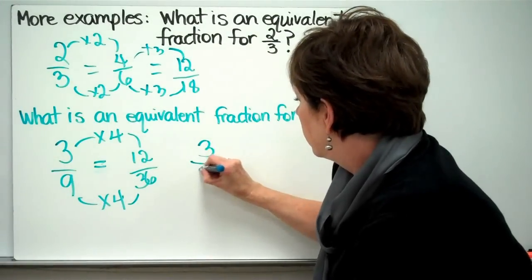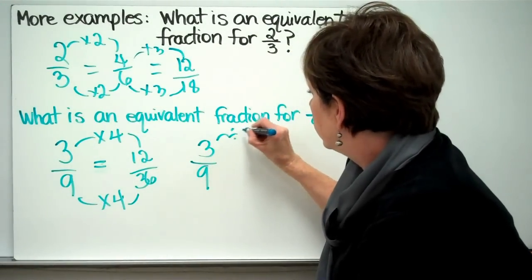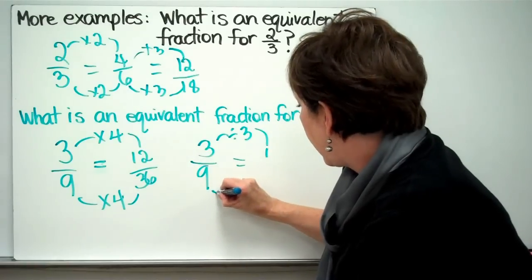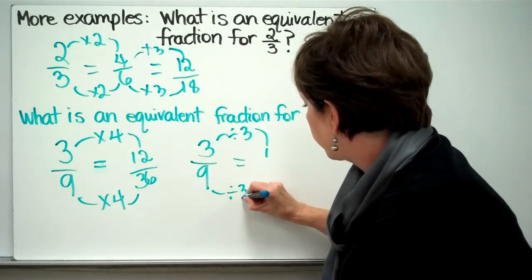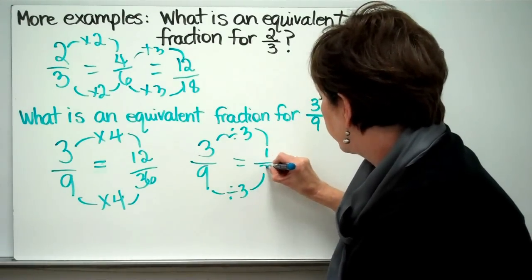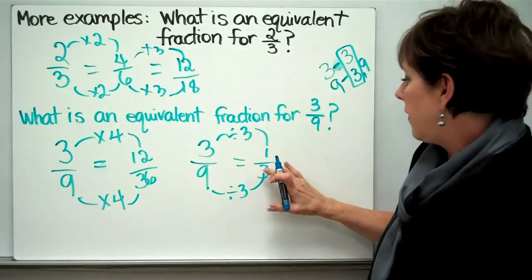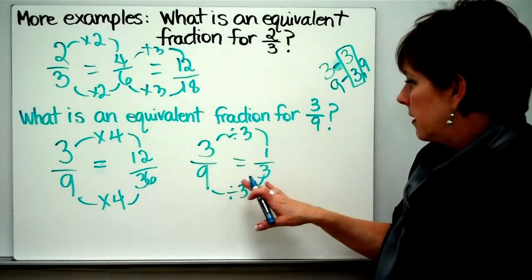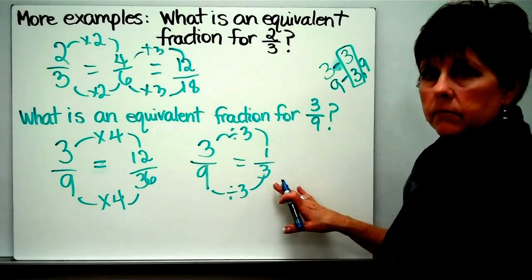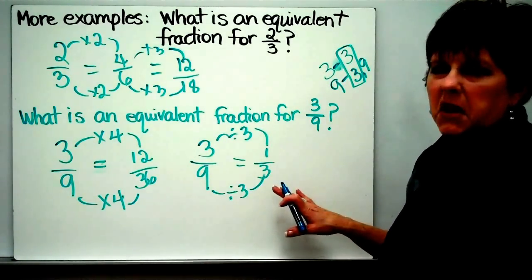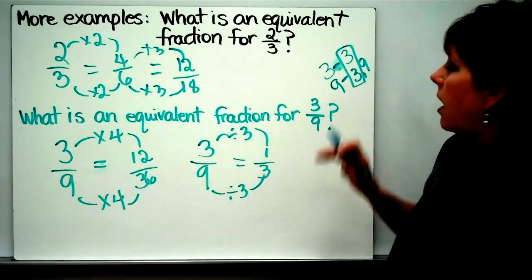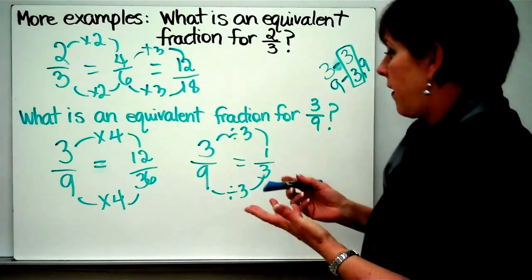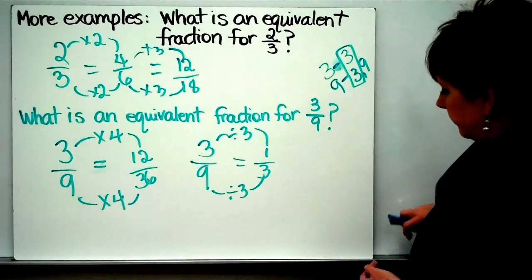Absolutely. 3 divided by 3 is 1. And 9 divided by 3 is 3. So an equivalent fraction to 3/9 is 1/3. Could I divide it by anything else? No. That's all they have in common, the 3. So 3/9, an equivalent fraction could be 1/3.